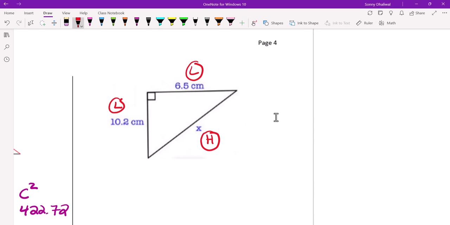So we start off with writing out our relationship. A squared plus B squared equals C squared. And I said last day, it doesn't matter if you mix up A and B. They're just the legs, so it doesn't matter which one you call A, which one you call B. You just copy the numbers down.